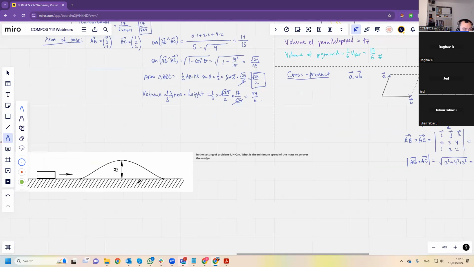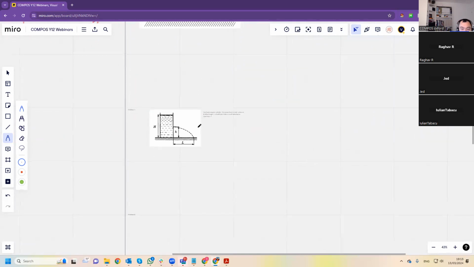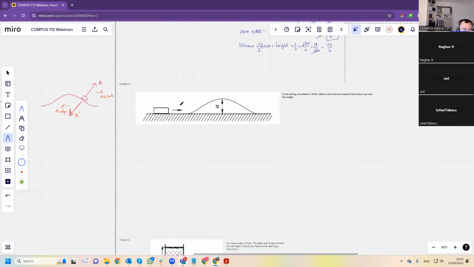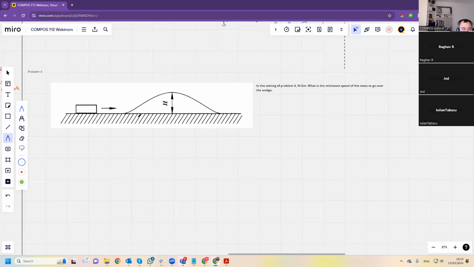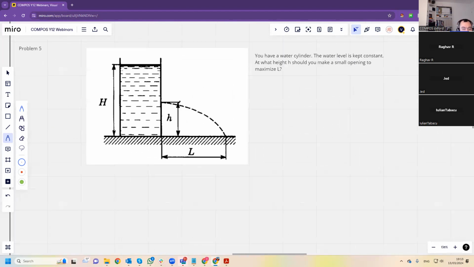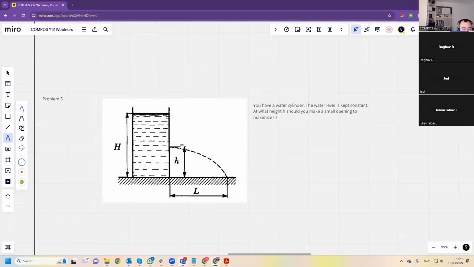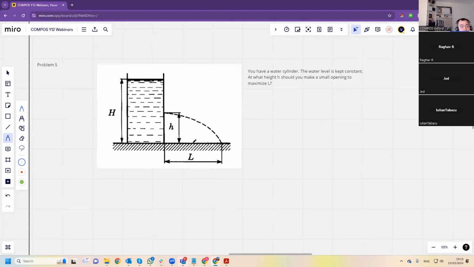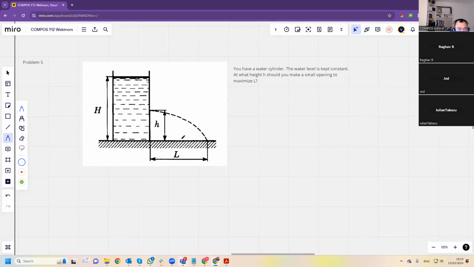Okay, moving on. I've kind of done problem 4. So let me do problem 5, and if we have time, we'll do problem 4. So this is physics now. You have a water cylinder. The water level is kept constant.